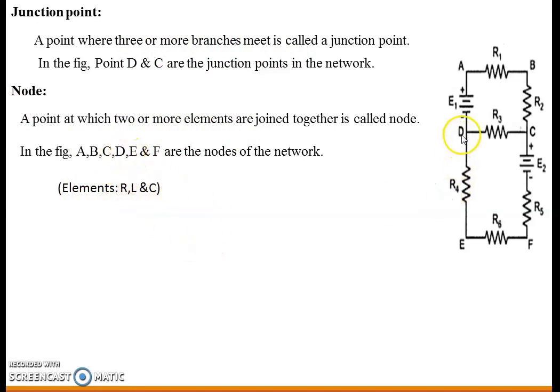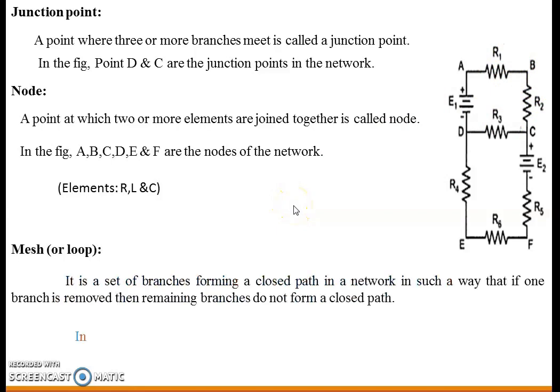Here, all the terminals are considered as nodes of the network because each and every terminal is connected with circuit elements, so it can be considered as a node because minimum two elements are joined. If you consider point F, here R6 and R5 are connected. If you consider point B, R1 and R2 are connected. So minimum two elements are joined together. So this point is called a nodal point.